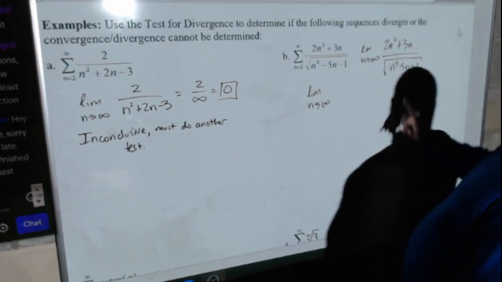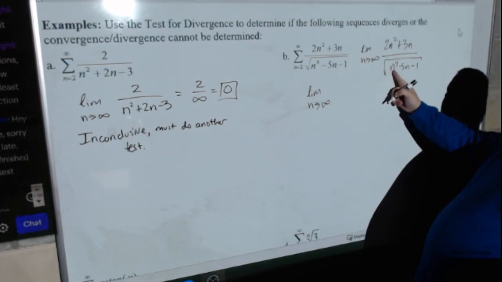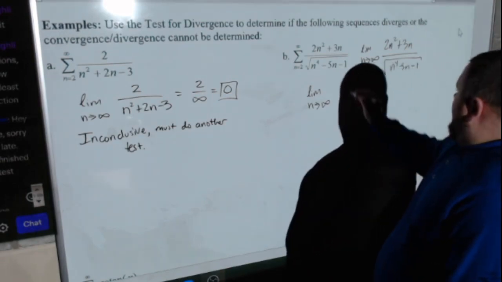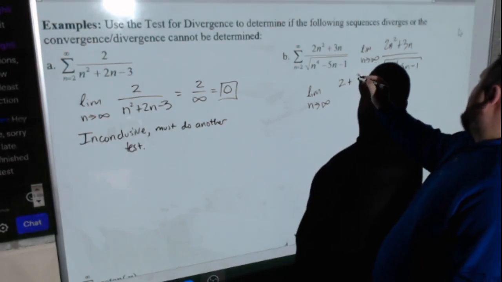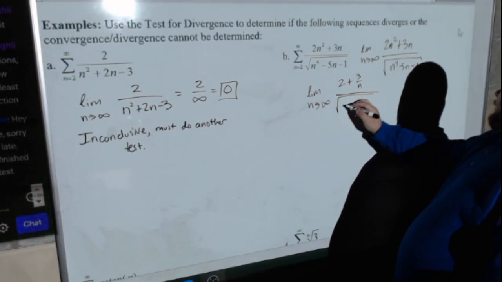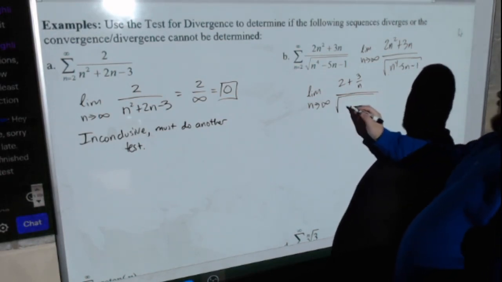So if I do that, I'm dividing through by n squared. I got the square root of n to the 4th. That's basically n squared. And then inside here, I'm dividing everything by n to the 4th.